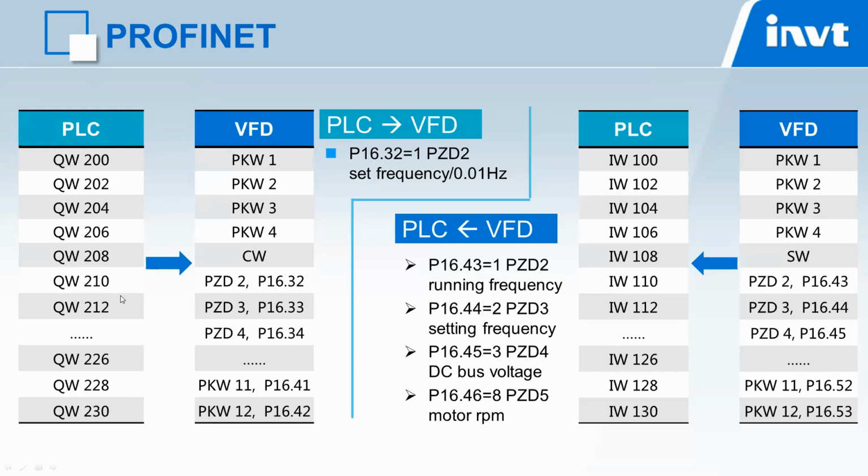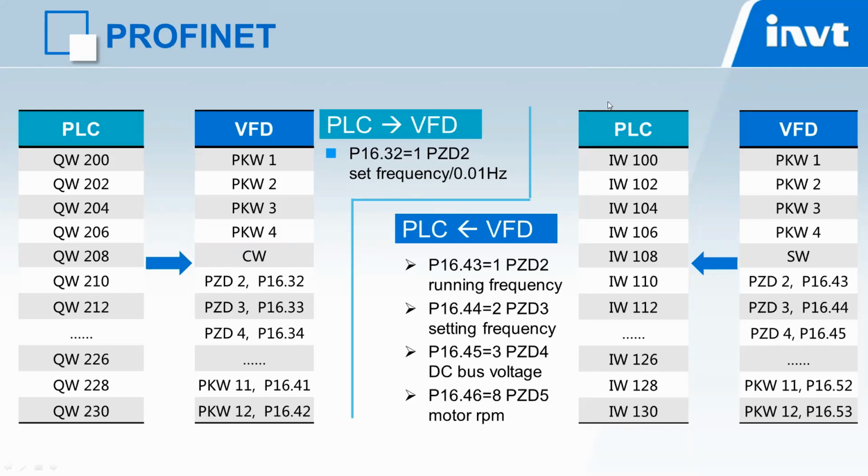After we send the data to QW208, it will transfer to the control word. So we set P16.32 equals 1, which is the PZD2. PZD2, we use for setting frequency. We just change the data QW to 10.